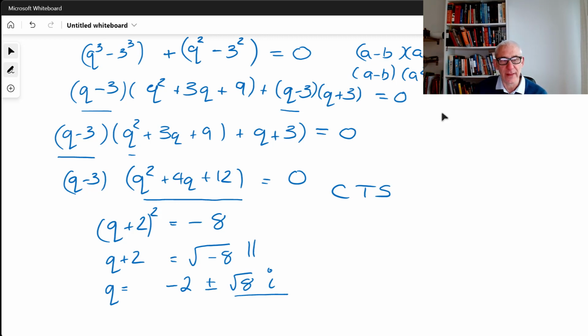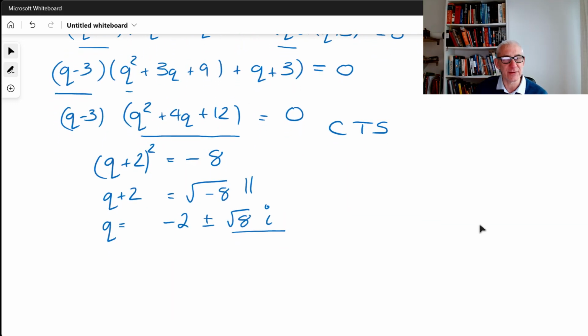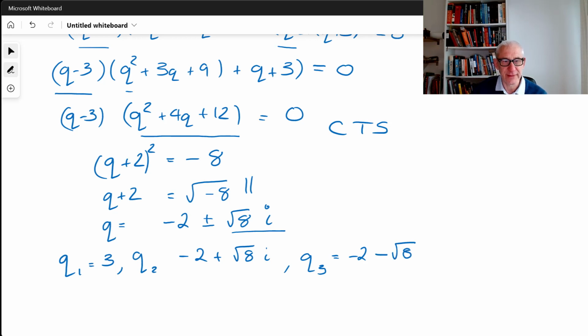Okay, so there we find that we have the two other possible values of q. Right, let's just write them all out. q1 is equal to 3, q2 is equal to -2 plus the square root of 8 times i, and q3 is equal to -2 minus the square root of 8 times i, on the Argand plane, the imaginary complex plane.